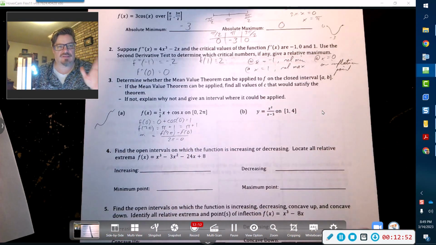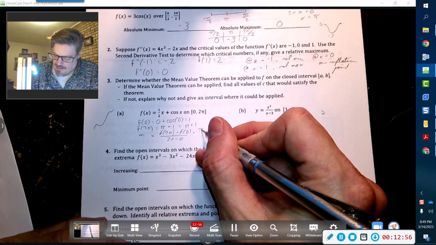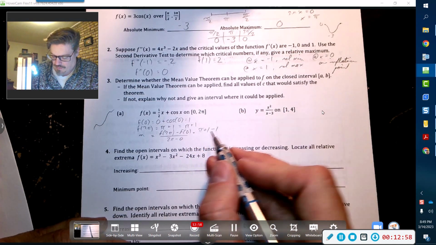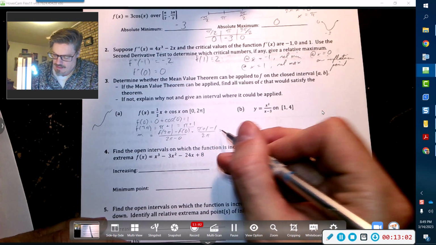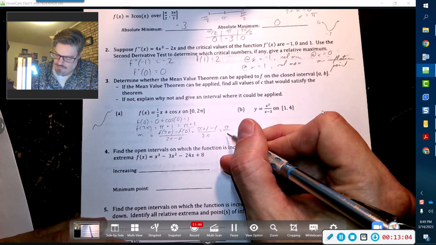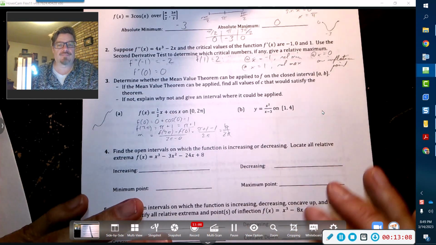We already figured that out, so that's pi plus 1 minus 1, over 2 pi. That ends up being pi over 2 pi, and the pi's cancel out, so it looks like we got 1/2.